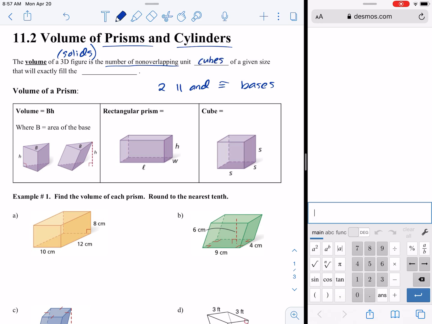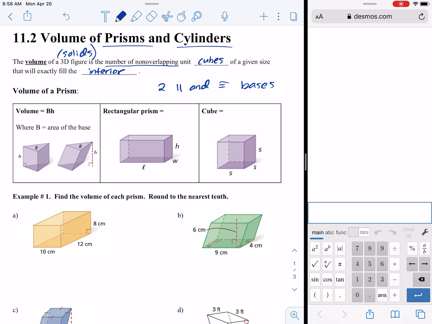So now we're talking about cubic units that we can fit inside of an object of a given size that will fill the interior. Okay. So area is covering the surface with square units. Volume is filling inside of a figure the number of cubic units.